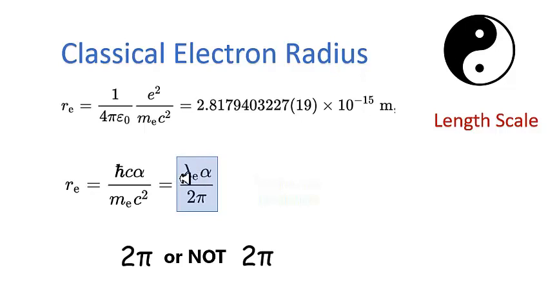So this lambda term here is the Compton wavelength, which I'm identifying as the circumference of my ohm particle electron. It's got the 2 pi term here, which is going to be helpful, and it also has the alpha term, which is the fine structure constant.